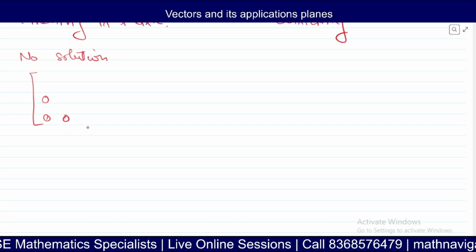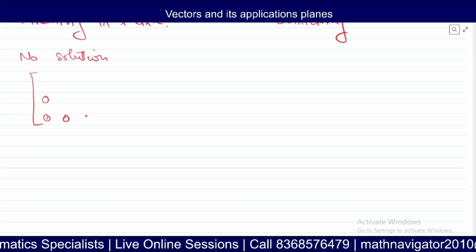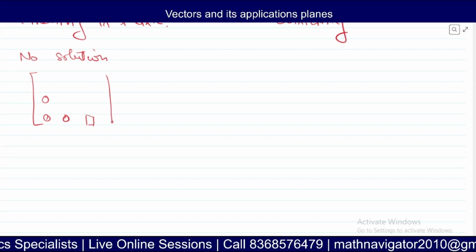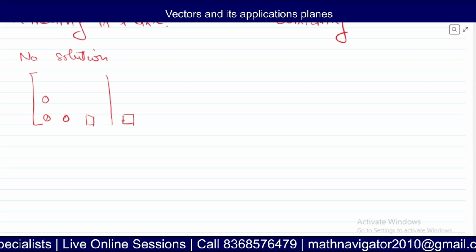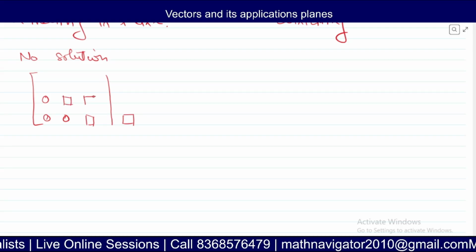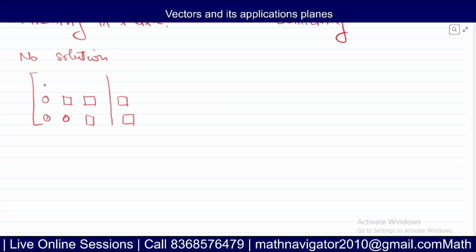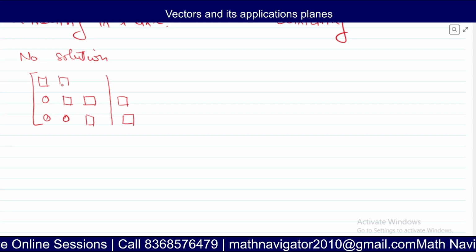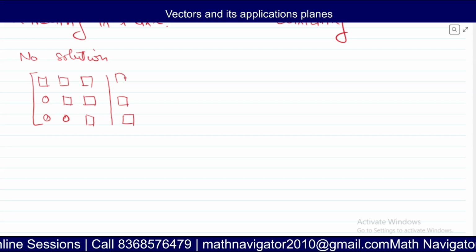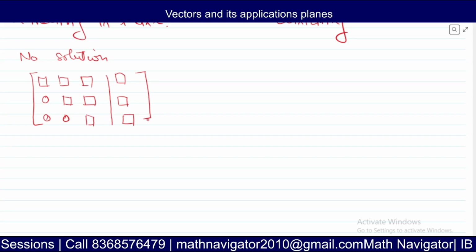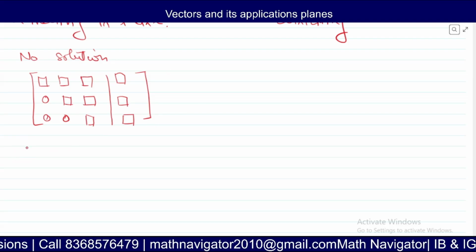Obviously, you have to make this triangle of zeros as we have already discussed in our previous lecture. When I'm making a square, that means I can have any value here. For the matrix of coefficients, you need to refer to that video. So this is the condition of unique solution.